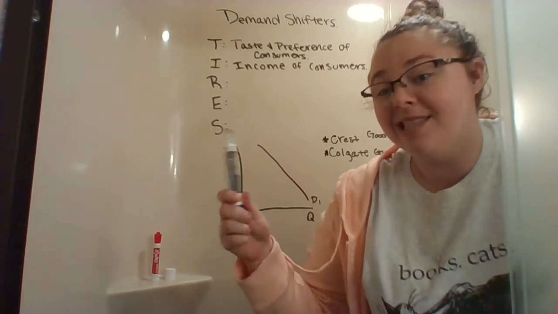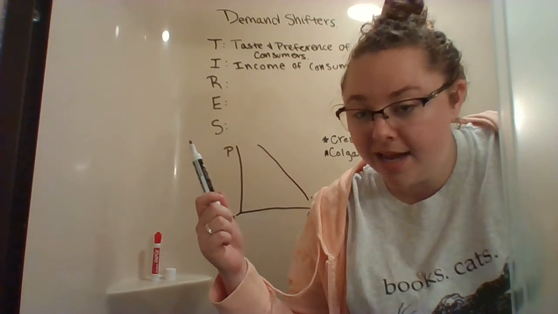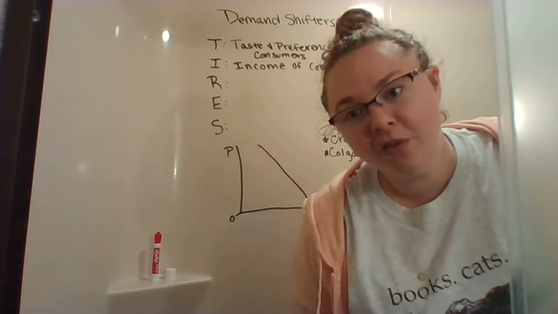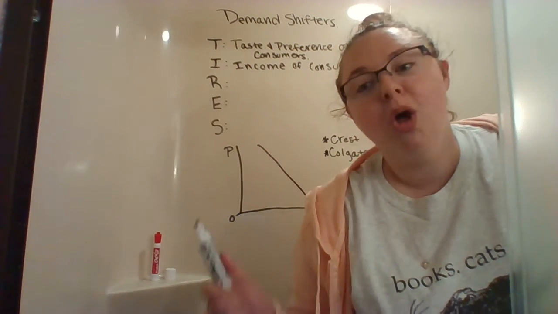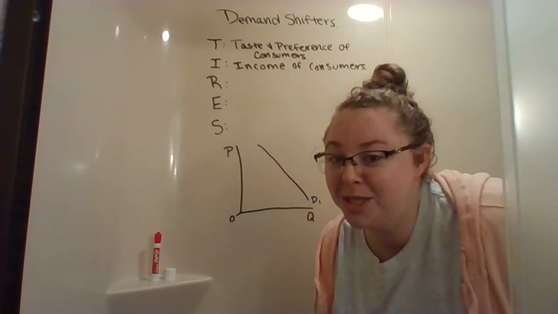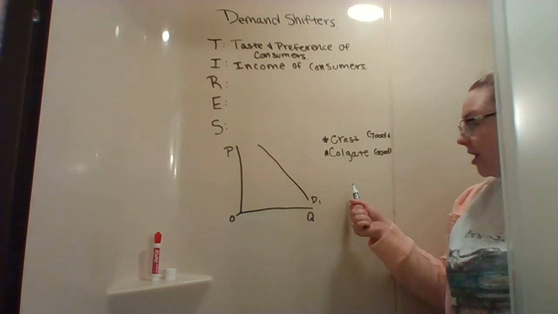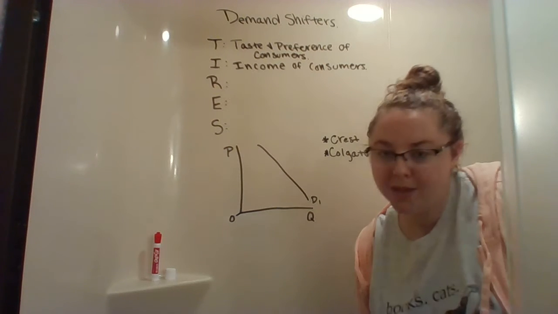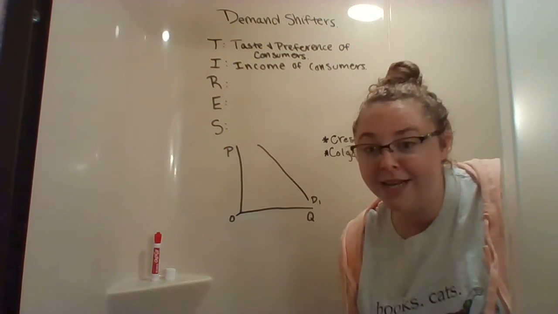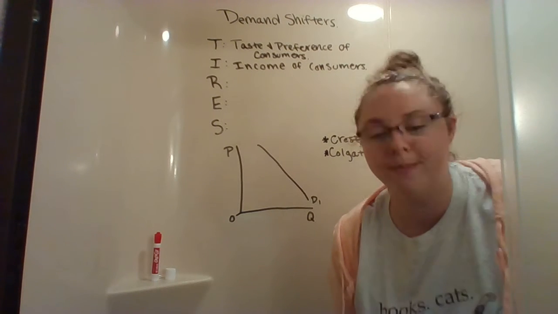And Crest is selling a whole bunch, okay? Because Kanye now came out and said, Crest is the best. And now everyone's going to buy Crest. Good A, what's going to happen in the market for the substitute, good B, Colgate? What's going to happen for Colgate? If Kanye's like, Crest is where it's at, girl.